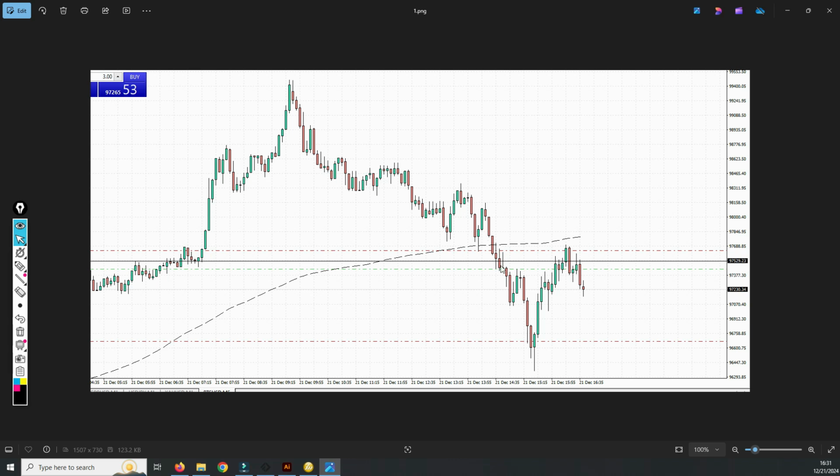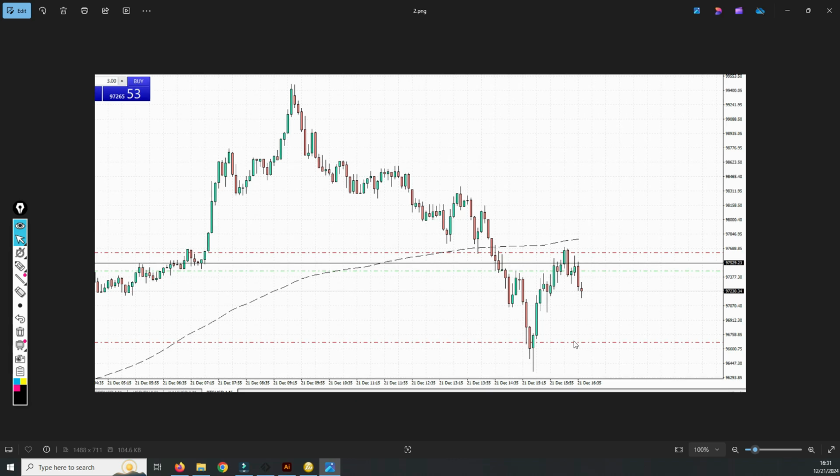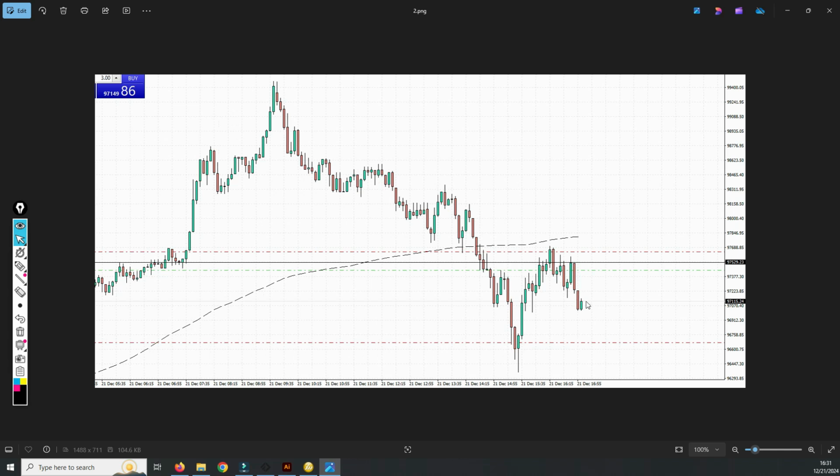As you can see, the price. This is the same example. This is just proof that I took the trades. Price breaks moving average 200, retests it, creates a pattern. After this candlestick closed, the pattern was formed. I opened a sell trade, and then I took profit just here.